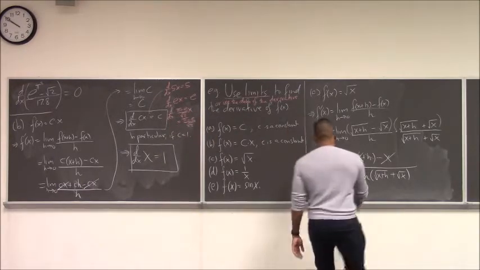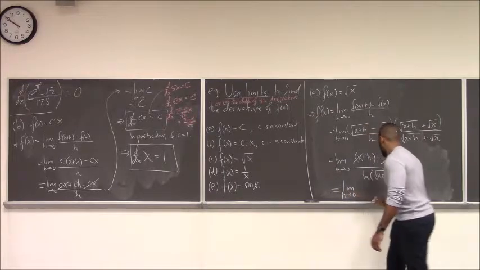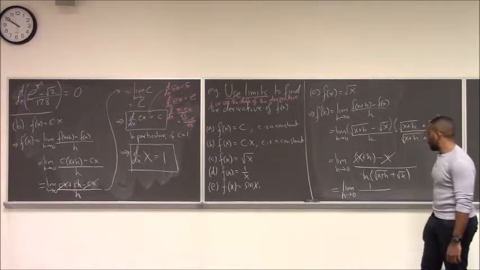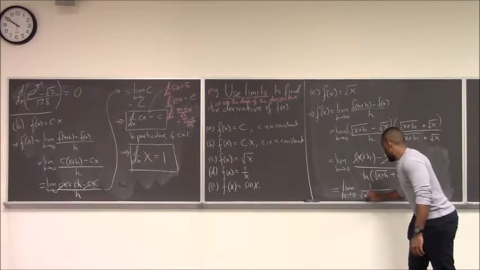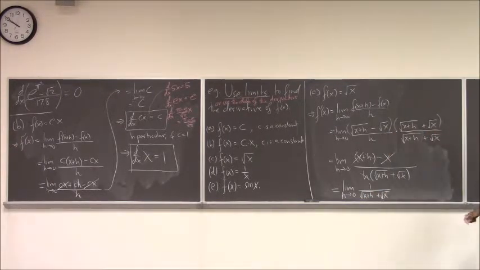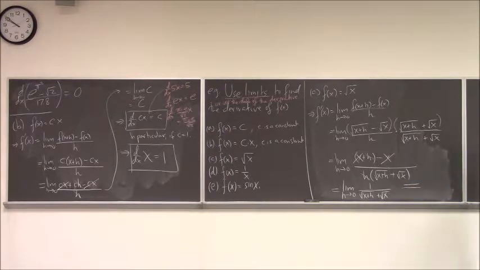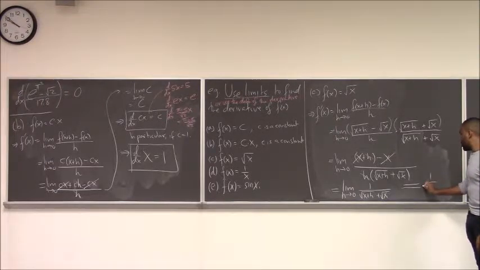And so this will look like the limit as h approaches 0 of 1 over radical of x plus h plus radical of x. And now, if you plug in h equals 0, which unless x is 0, the denominator is not going to be 0, so we can say this is just going to be 1 over 2 radical x.